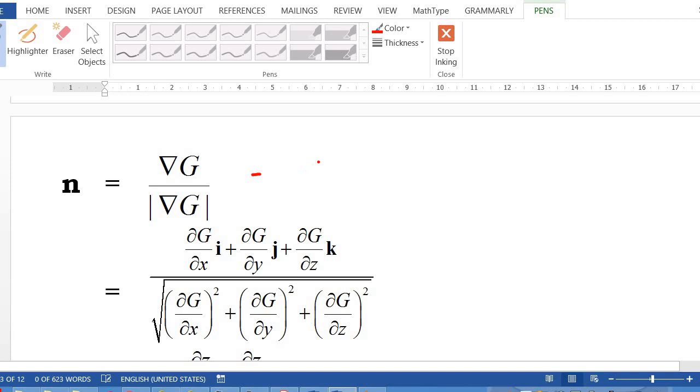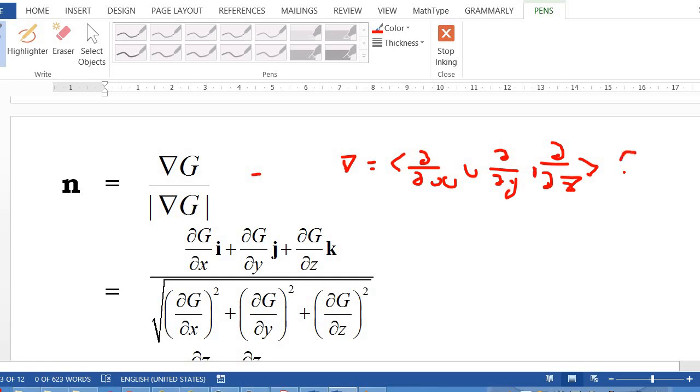Del is a differential operator: ∂/∂x i, plus ∂/∂y j, and then ∂/∂z k.